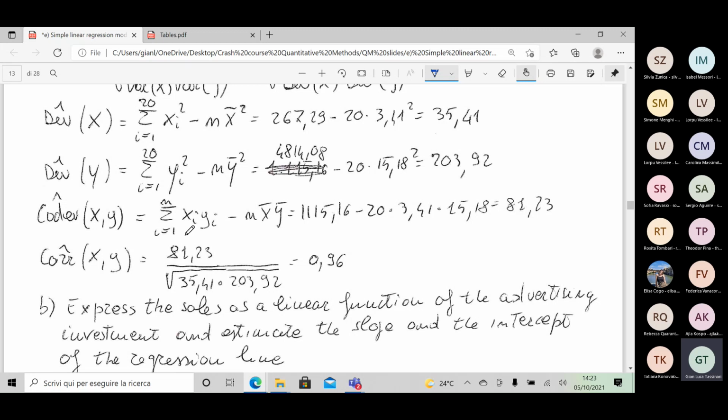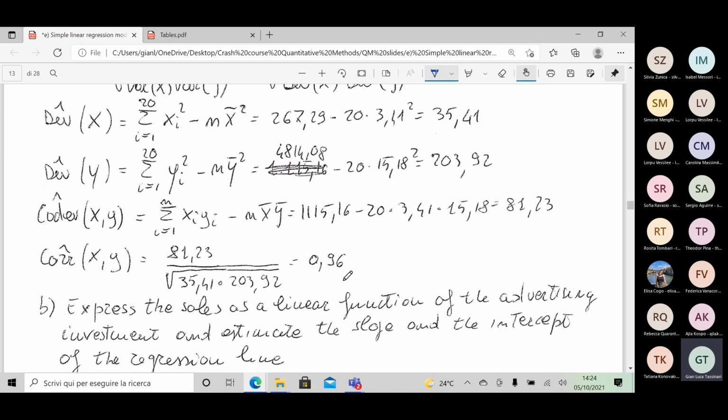In particular, there is a positive degree of linear dependence, and specifically, the degree of linear dependence is 96% of the maximum possible degree of positive linear dependence, because 0.96 is 96% of 1, and 1 is the maximum theoretical degree of positive linear dependence. So it's really, really strong.